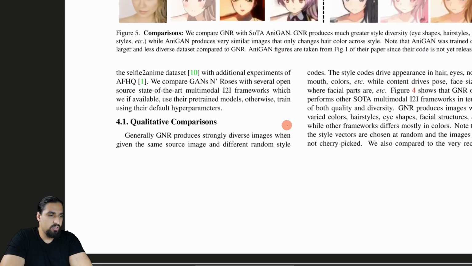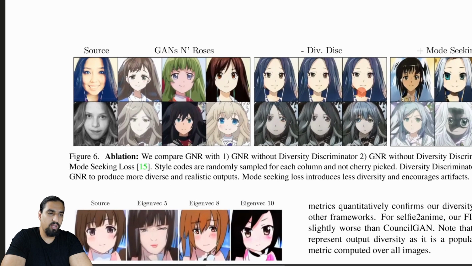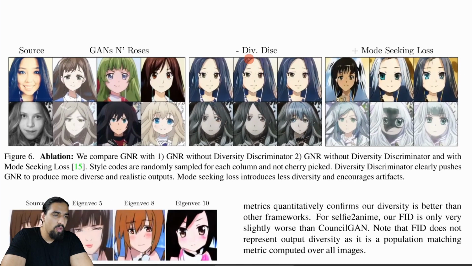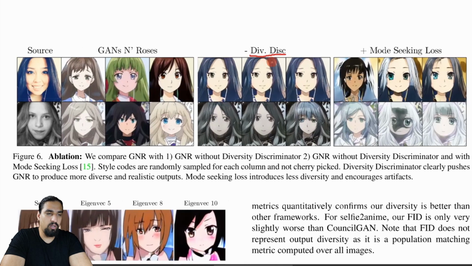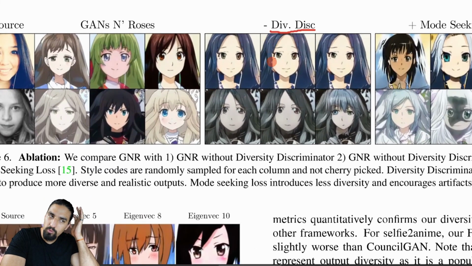They did some ablations also, like here you can see this is the thing I was mentioning. So basically, when you take this diversity discriminator branch and you just remove it, what happens is you get mode collapse here, and that means that all of these images are realistic, and so the GAN component will say everything is fine.